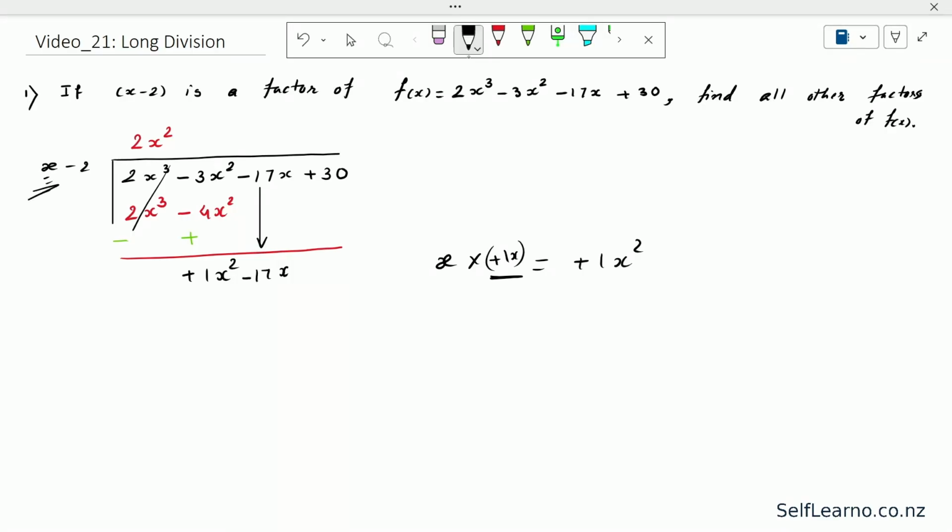So this x times plus 1x gives me plus 1x square. And this negative 2 times plus 1x is negative 2x.